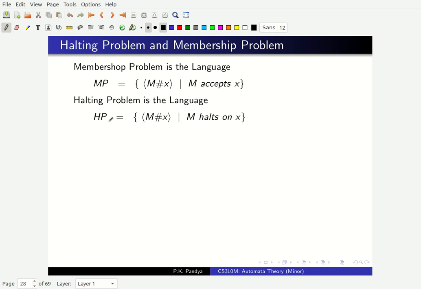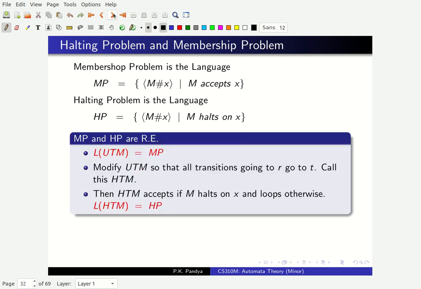There is another language called HP. It accepts all MX pairs such that M halts on X. That is, on all words which are not in HP, M loops. Okay, so these two languages are there, and we saw that these two languages are actually recursively enumerable languages, right? That is, you can define a partial Turing machine which will accept exactly these two languages.